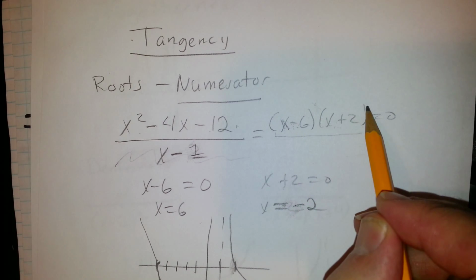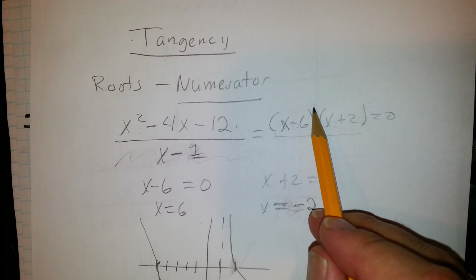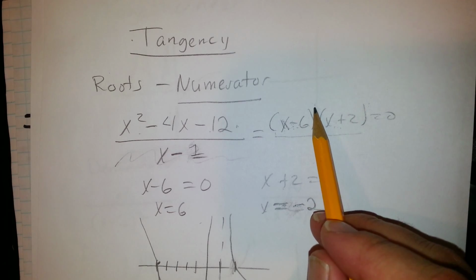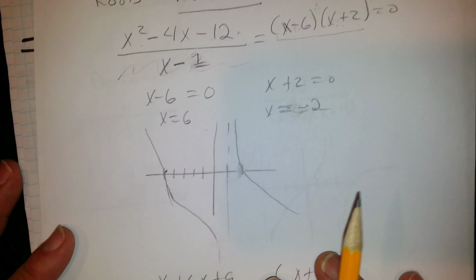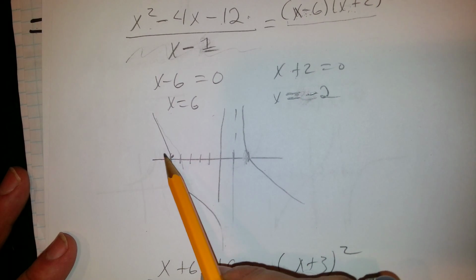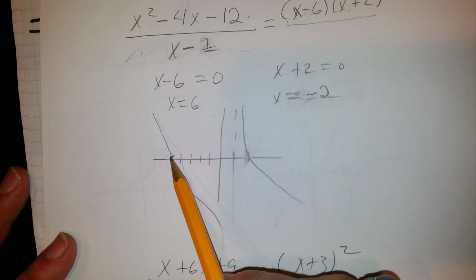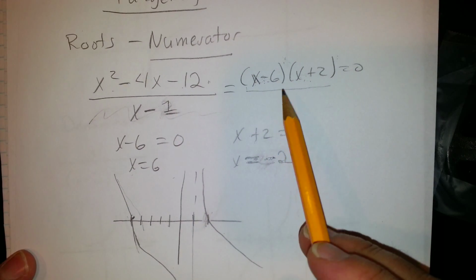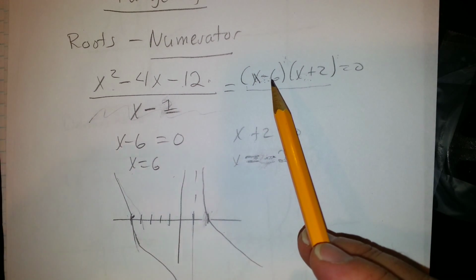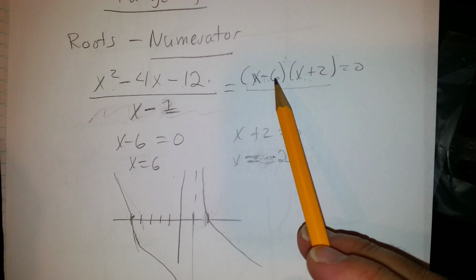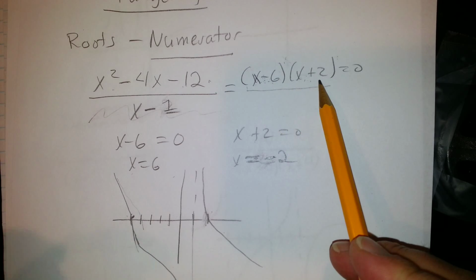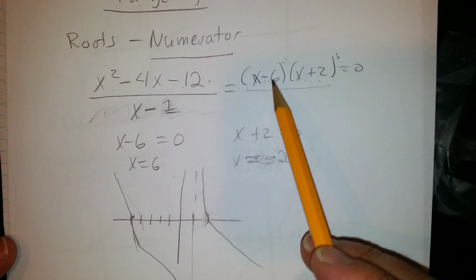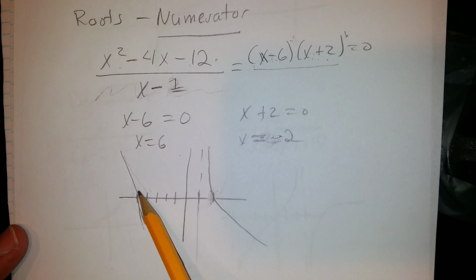Whenever your multiplicity, its exponent, is odd, remember, we don't have tangency. In this case, the graph goes through that x-intercept. So anytime your multiplicity, how many times is that factor multiplied, well, it's only one time, and here it's only one time. That's an odd exponent. So that's when you go through your root.